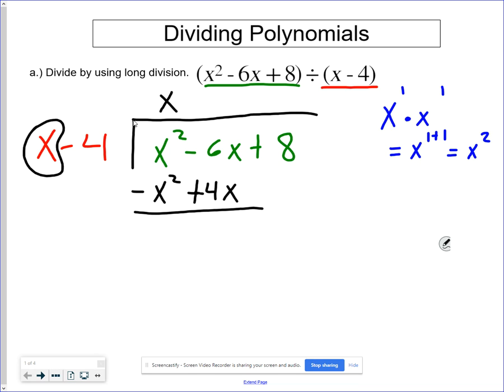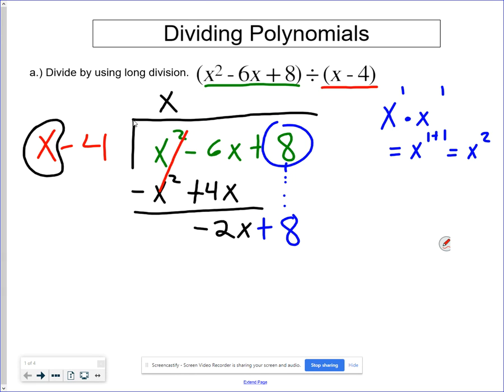Our x squareds cancel out, and then we'll have negative 6x plus 4x, which is a negative 2x. And then just like last time, this 8 over here will drop down, and so we have negative 2x plus 8.